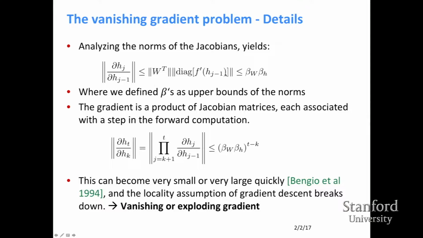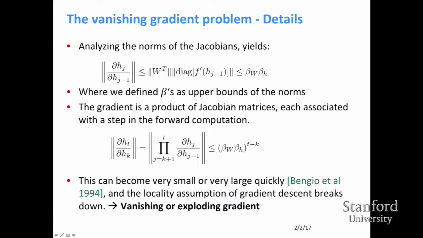Now, we have these two, we multiply these two norms here. Now we just define beta_W and beta_h as the upper bounds, a single scalar for each, of how large they could maximally be. We have W, and we can easily compute any kind of norm for our W. It's just a matrix, compute a matrix norm, get a single number out.